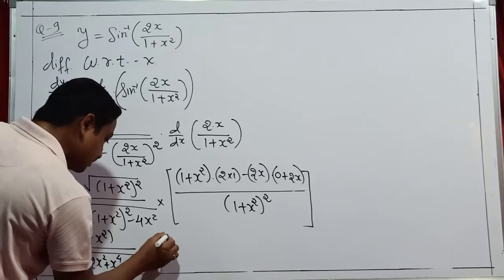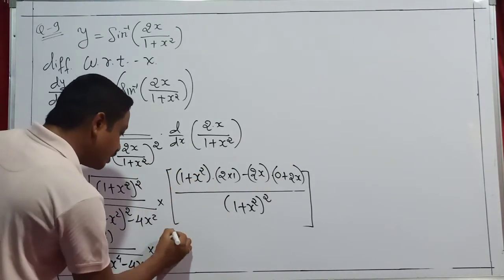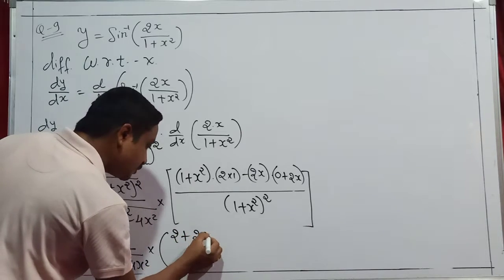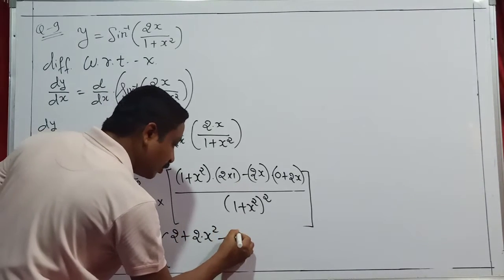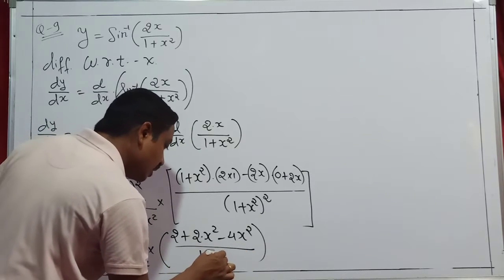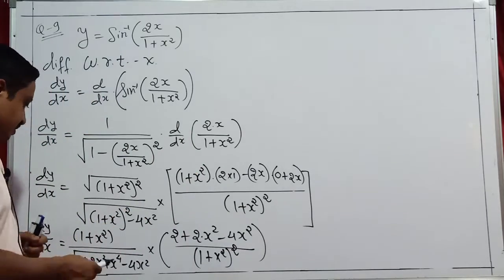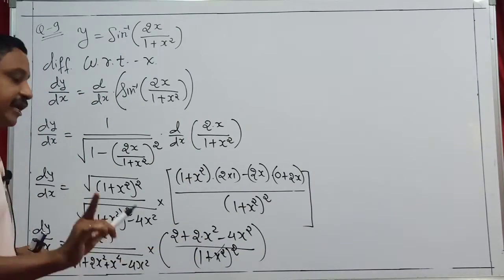Just expand it. First expand 2x square, and here minus 4x square, divided by 1 plus x square the whole square. Students, this and this cancel one time, one time pending.